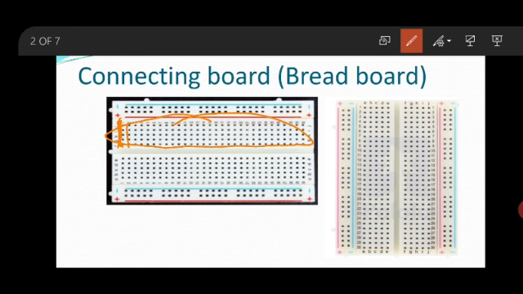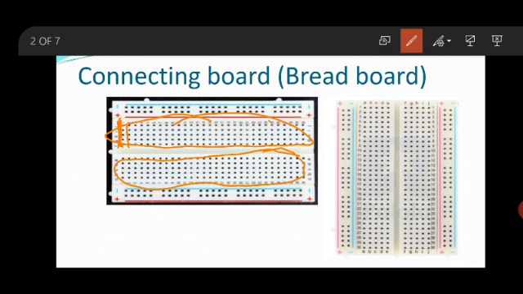Similarly, you can see this is one more connectivity line, the same as I have shown here at the top. It is also a vertical connectivity.